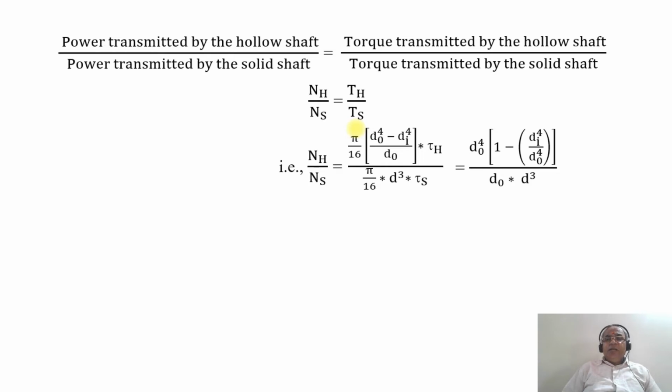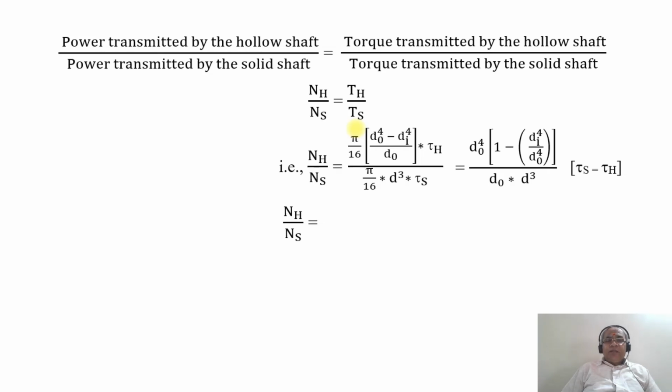As the material is the same, tau s will be equal to tau h. Therefore, pi by 16 gets cancelled, and taking d naught to the power of 4 as the common factor, we get d naught to the power of 4 into (1 minus (di by d naught) to the power of 4) by d naught into d cube.